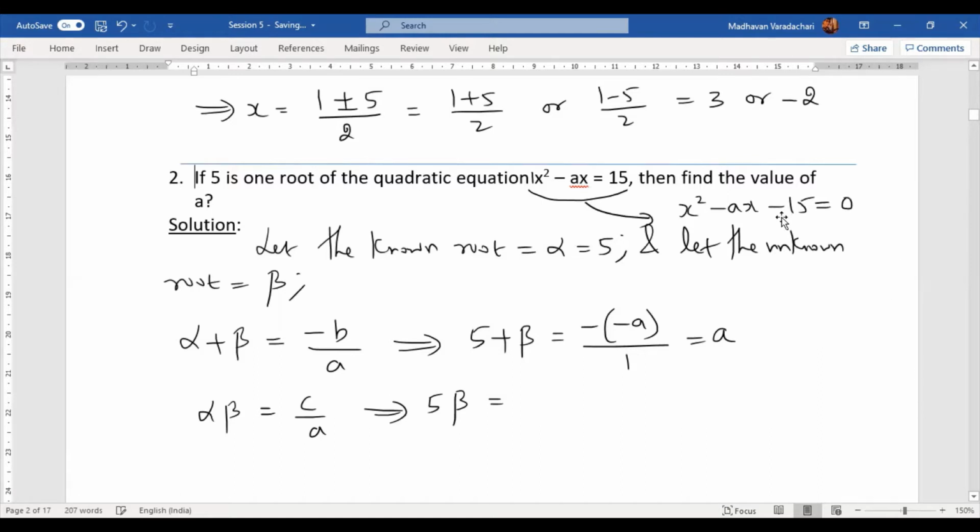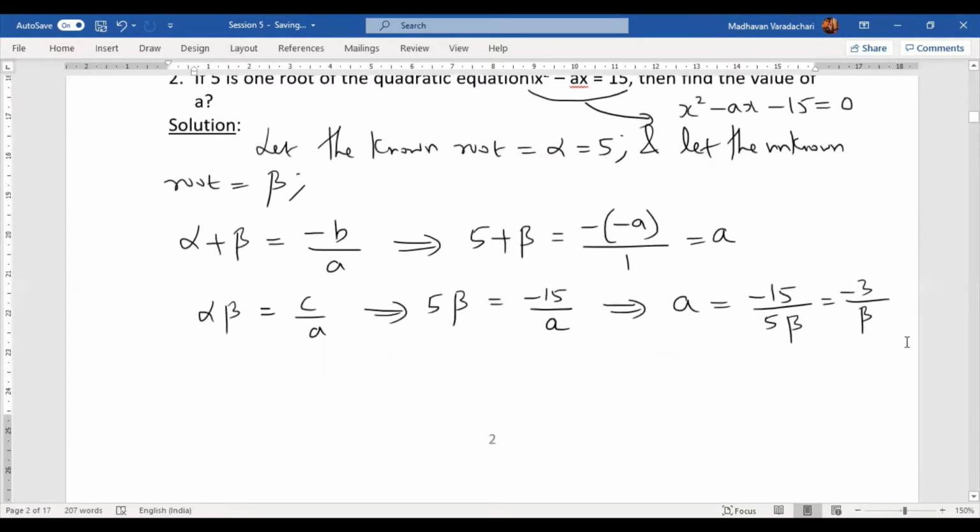Now I can say our C is negative 15, so negative 15 by A. Now from this, cross multiplying, A is equal to minus 15 by 5 times beta, or minus 3 by beta. This is also A, this is also A.